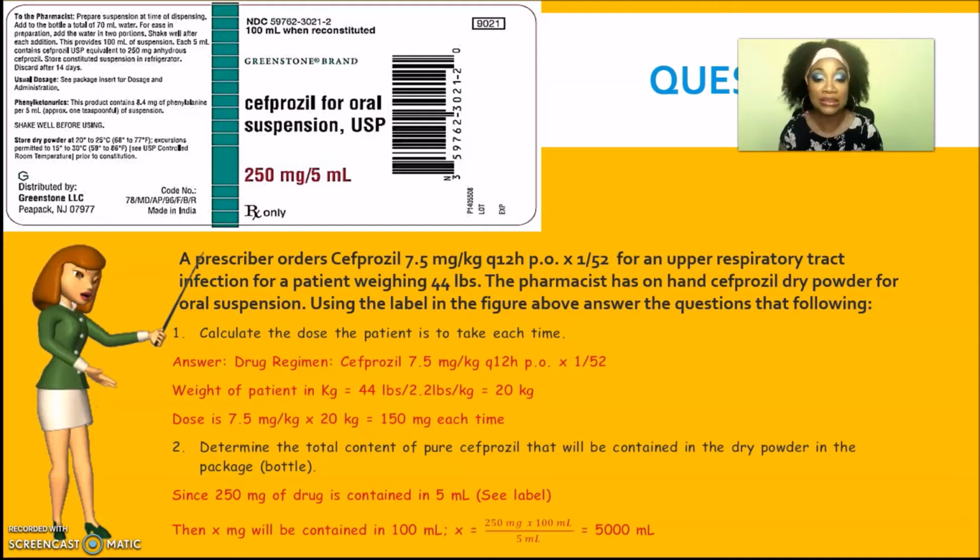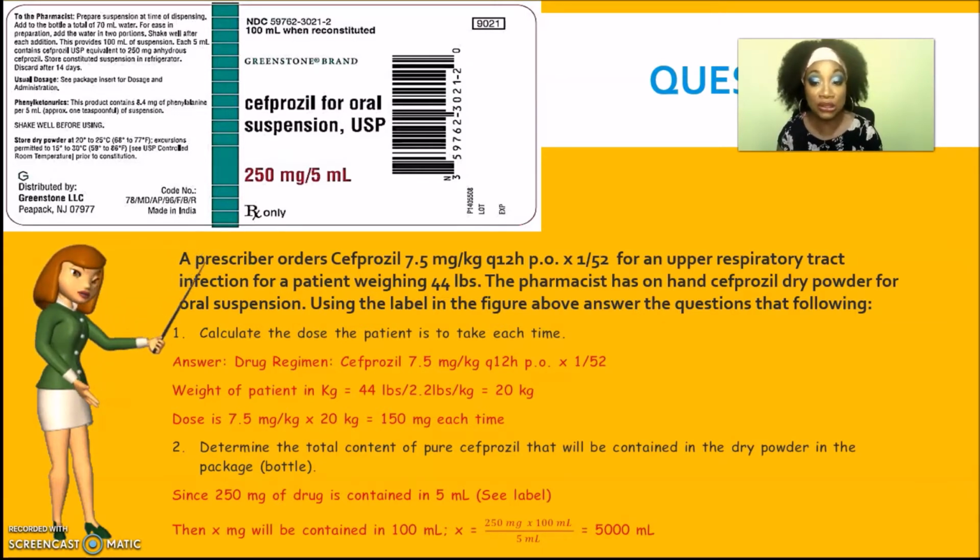But the question is asking for the dose the patient will take each time, so that means it's a single dose that you're calculating. And the single dose is going to be 7.5 milligrams per kilogram times 20 kilograms, because the patient's total weight is 20 kg. And of course, the dose is going to be 150 milligrams each time.